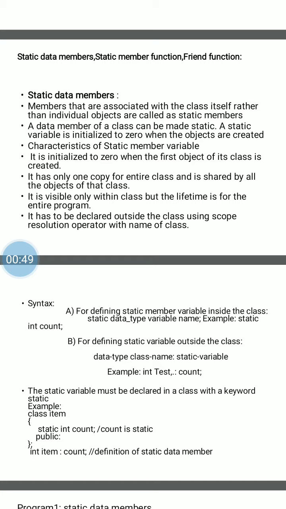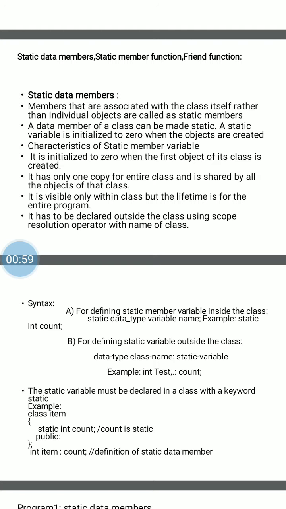In this case, if we create 5 objects, that is student 1, student 2, student 3, student 4, student 5, then our normal data members are associated with every object.